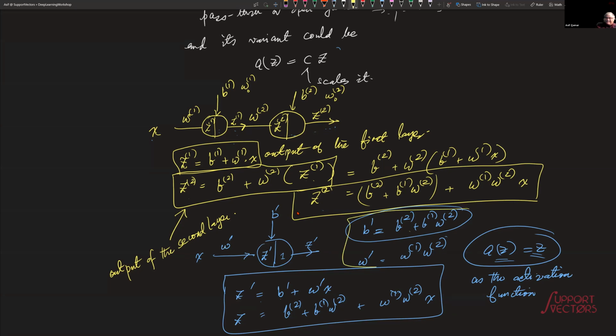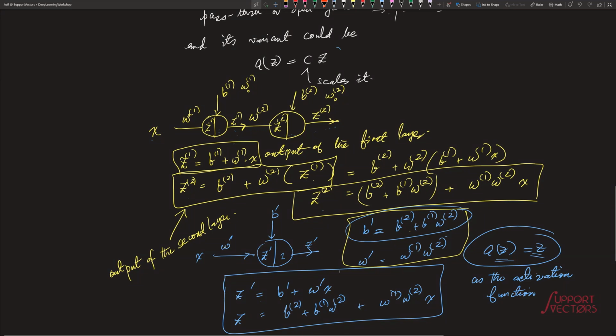If you define the weights and biases of a single neuron like this, it will do the same job as your two-layered neural network is doing. Is that clear now?